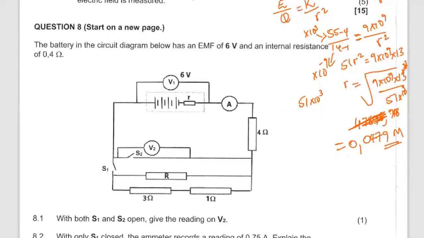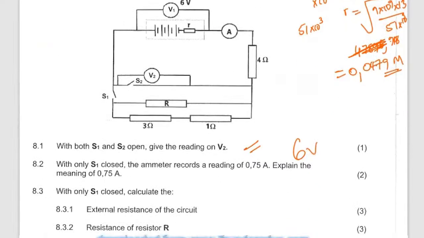Then question 8: a battery in the circuit below has an EMF of 6 and an internal resistance. With S1 and S2 open, give the reading on V2. Where is V2? This is V2. So V2 is connecting the EMF, which has to be 6 volts. It's connecting to the battery.